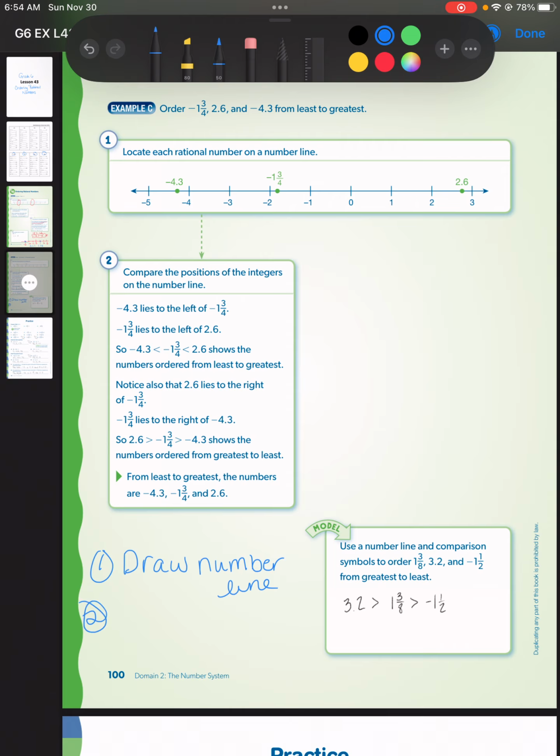Ask students to tell you the digits. Then you want to plot, and then last you compare.